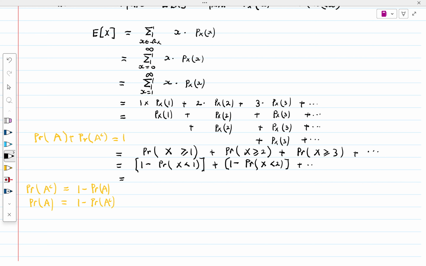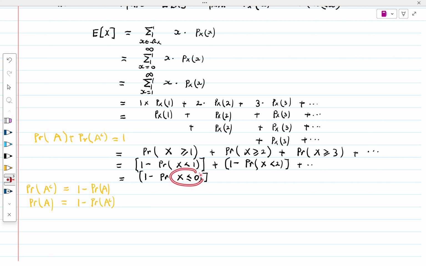Then I want us to notice that the probability x is less than 1, because x just takes discrete values, is the same as the probability that x is less than or equal to 0. Because it's less than 1, it can't equal 1, so we go to the next integer down and include it in the inequality.